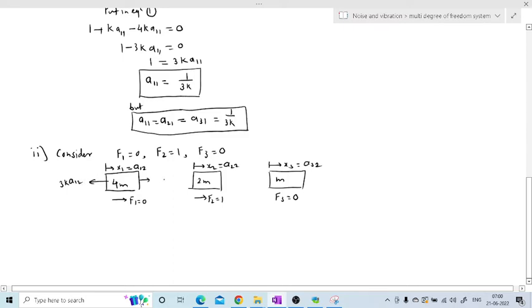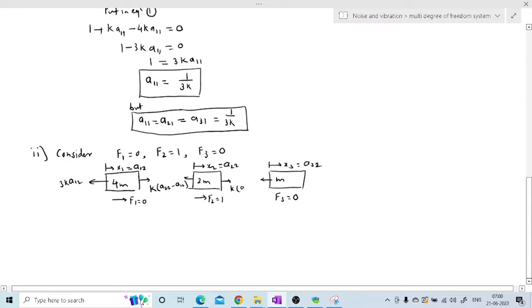Now the forces: the spring will be elongated if x2 is greater than x1, then that spring force will become K (x2 minus x1). So x2 is A22 minus x1 is A12. Similarly here I can write stiffness into x3 minus x2.